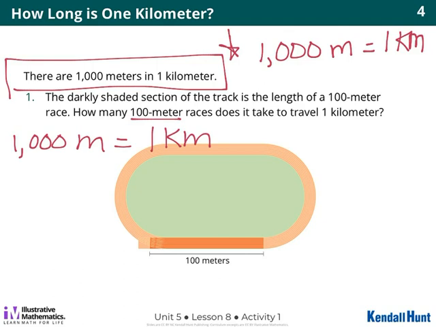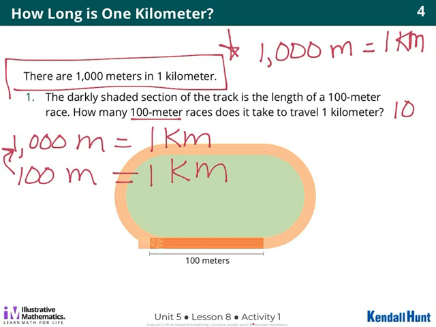We want to know how many 100-meter races are in 1 kilometer. So to go from here to here, we would multiply by 10, so then we would say 10. Do you guys see that?